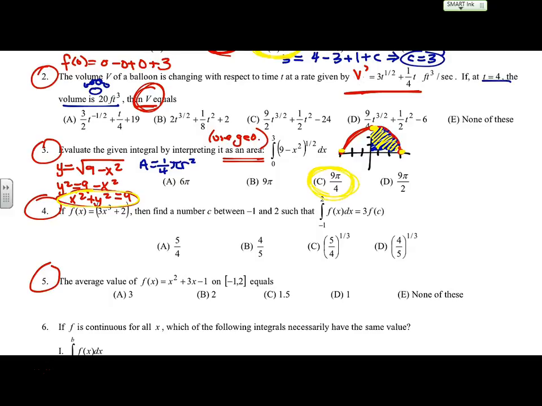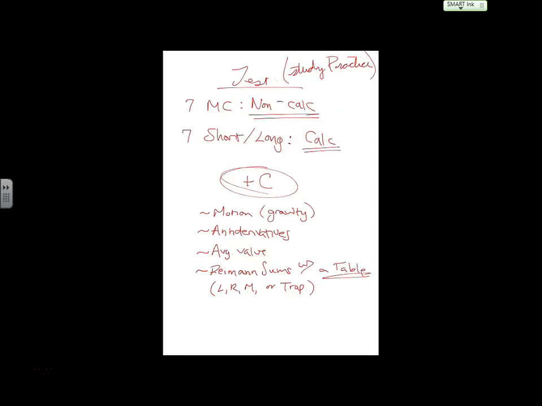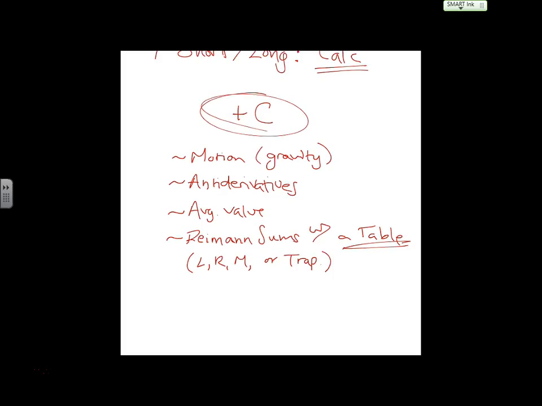Oh, you know what? I thought of something else. Using definite integral properties. You guys remember what I'm talking about?